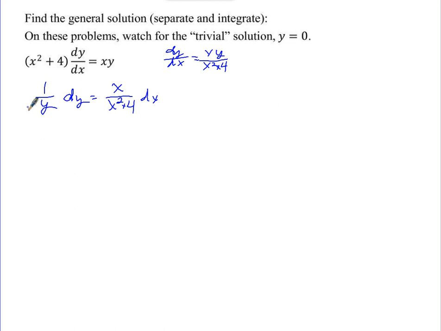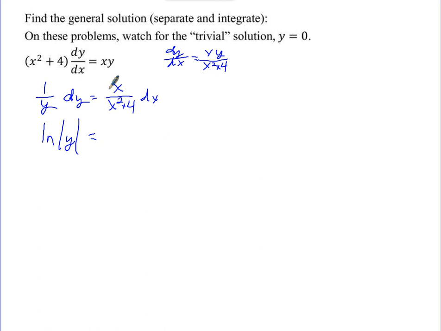What do we do? Integrate. So what do we get on this side? The natural log of y equals 1/2. Where'd the 1/2 come from? Yeah, that's right.